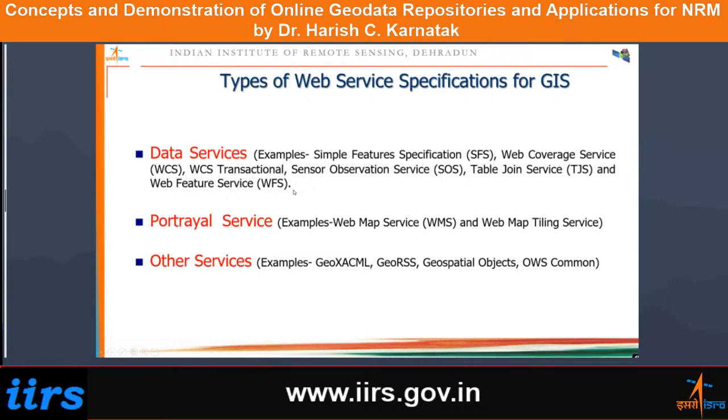Data services means that if data is published in these service specifications, anybody can access this data through a URL as original data. They will give you a URL, and if you include this URL in your GIS package, it can act as original data, and you can perform different types of vector and raster data analysis on top of this data layer.